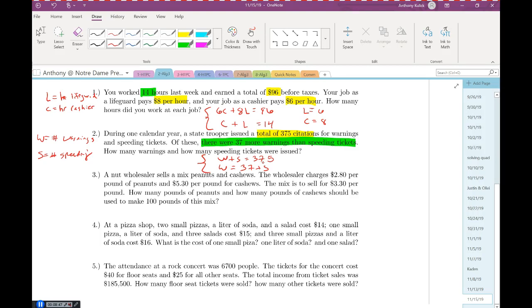Now the way I've currently written that system, can I type this system into a matrix as it's currently written? No. Why not? The variables don't line up, right? Look at where the S is. So what am I going to do? I'm just going to subtract S from both sides in the second equation.